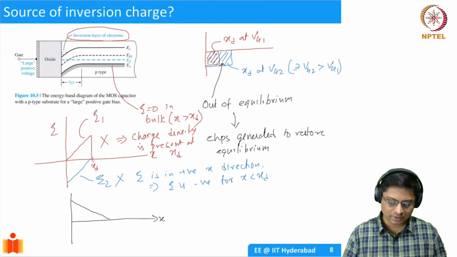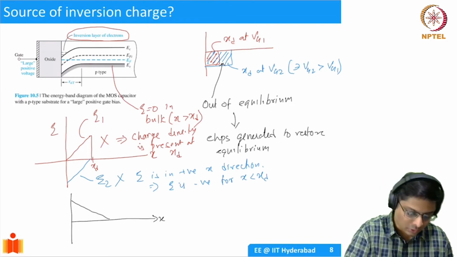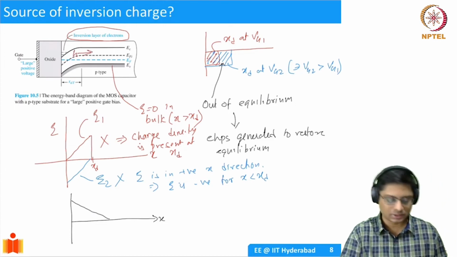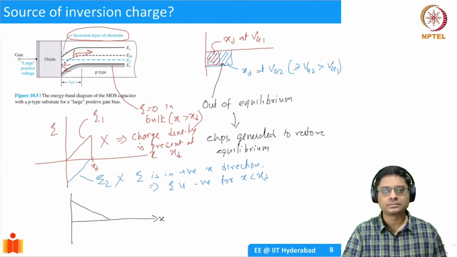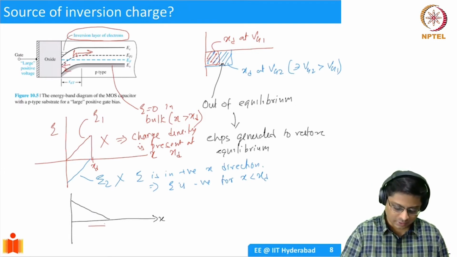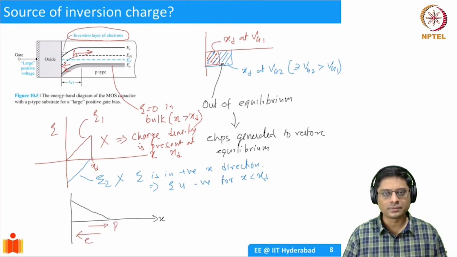So what does it mean? There is a positive field, right? When a positive field is there, your electron hole pairs will be generated. In that electron hole pair, holes will move into the bulk, and electrons will move towards the interface. Holes will move in the other direction, into the bulk, and the electrons will move towards the surface.